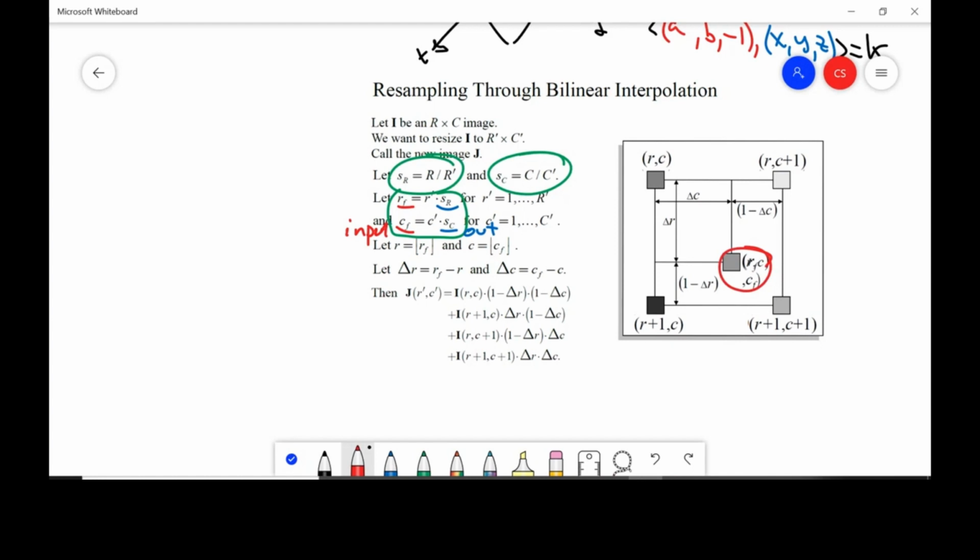But now we have to make it integer. To make it integer, we take that fractional coordinate and separate it into integer and fractional parts. This is the integer part, so we round down. This is giving us this point. Then we compute the fractional parts, and these fractional parts are these two.